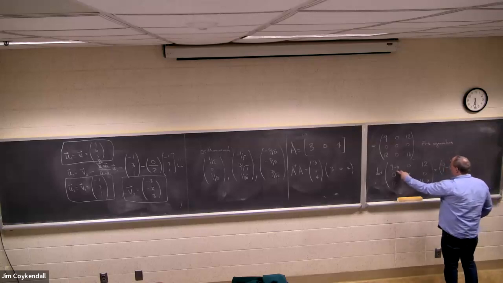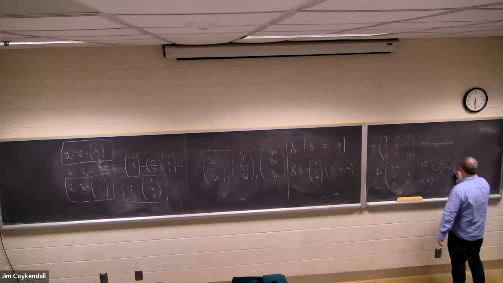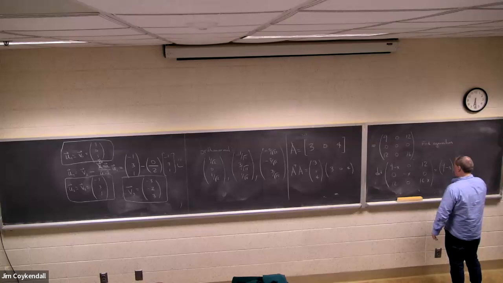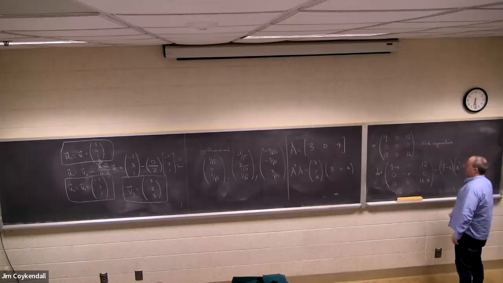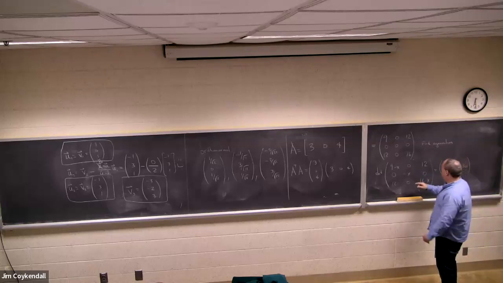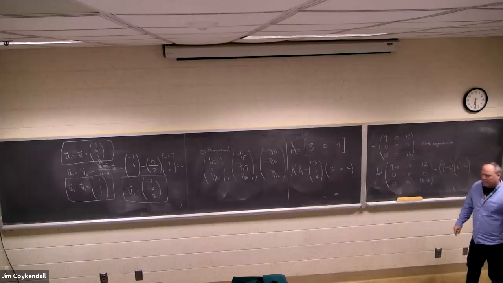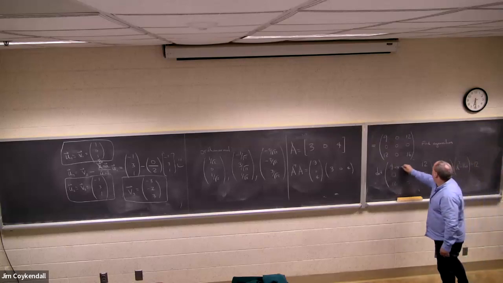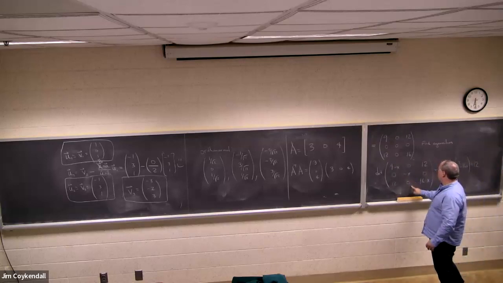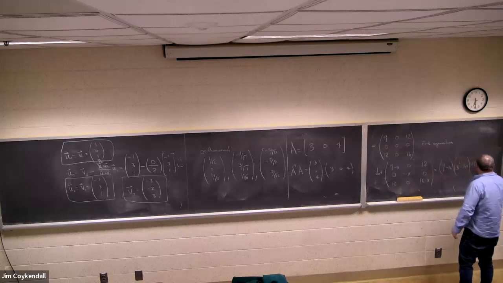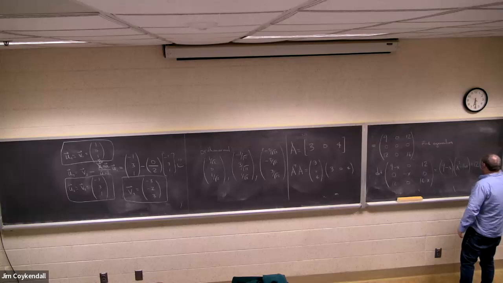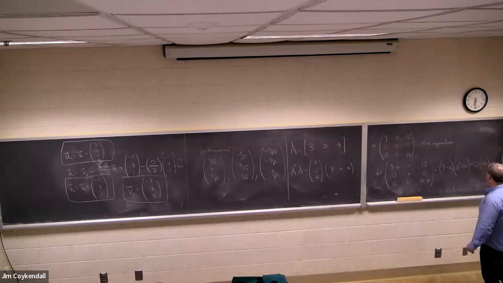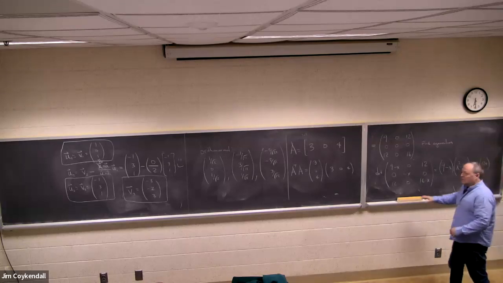It's 9 minus x times this determinant, which is going to be x squared minus 16x. Then it's 0 times this determinant, so that's gone. Plus 12 times this determinant, which is going to be 0 plus 12x. Everybody okay so far?